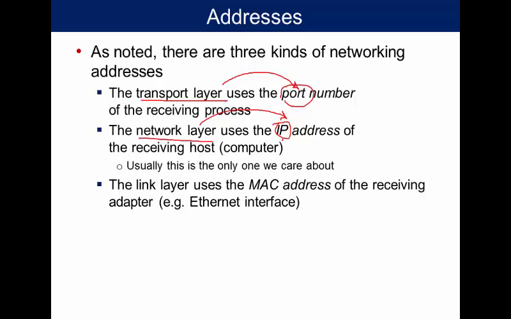The link layer uses the MAC address of the receiving adapter, because Ethernet or even wireless, Wi-Fi or cell signals need to look at the MAC address.